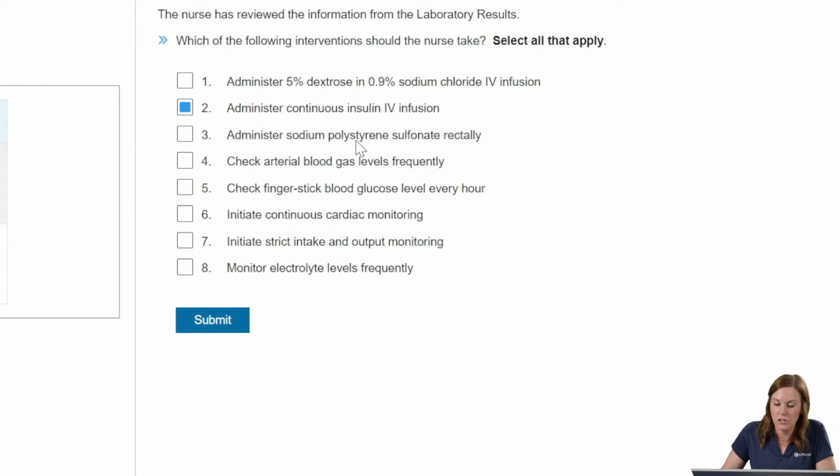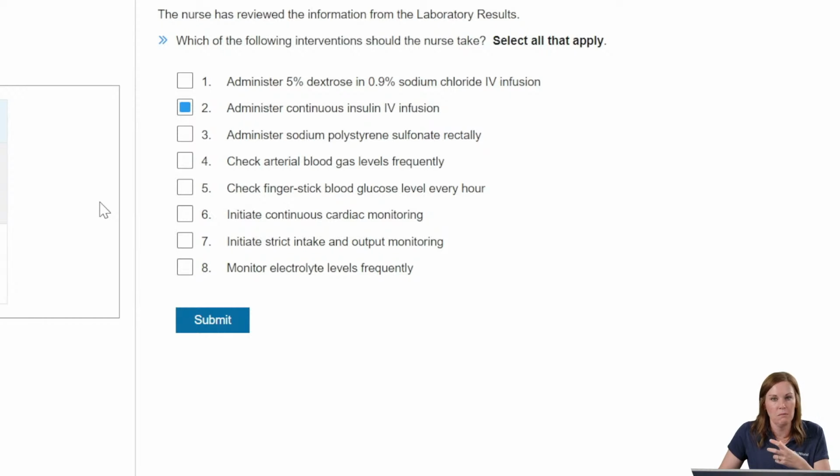Option 3, administer sodium polystyrene sulfonate rectally. This is what we would give if our client had hyperkalemia, because it's going to remove potassium through the GI tract. But we know in DKA this client does not actually have hyperkalemia.